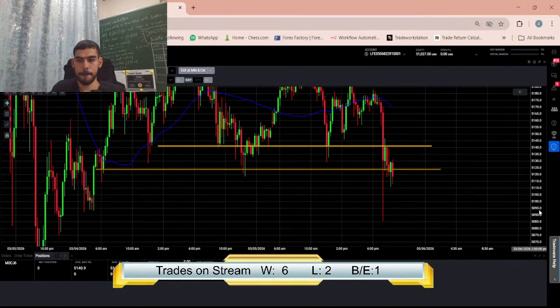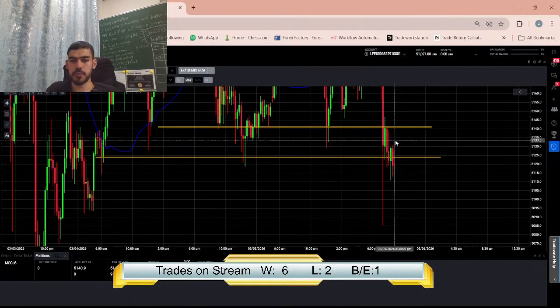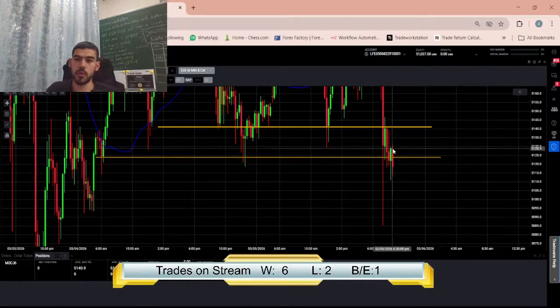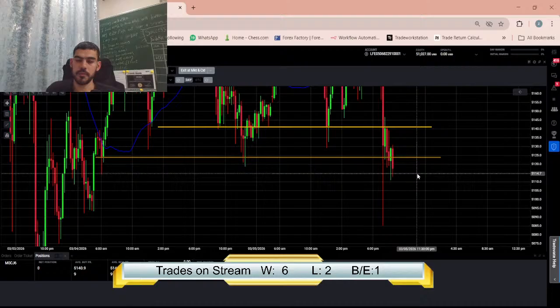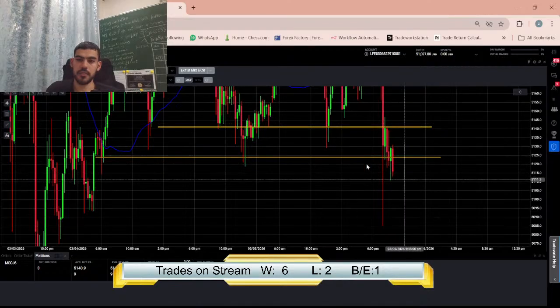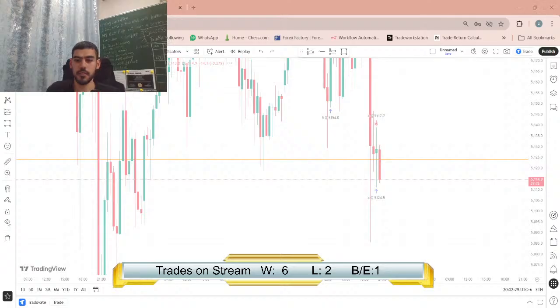It's probably gonna melt because this previous 15 also the wick was very small. So yeah, there is no reason for gold to go up. Not even a single reason for gold to move up.